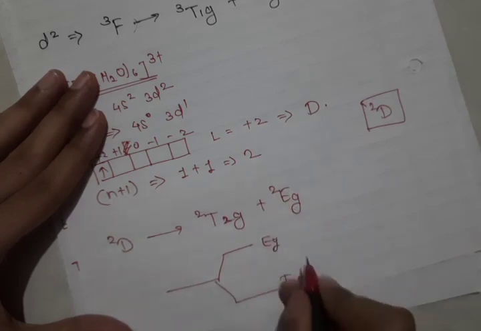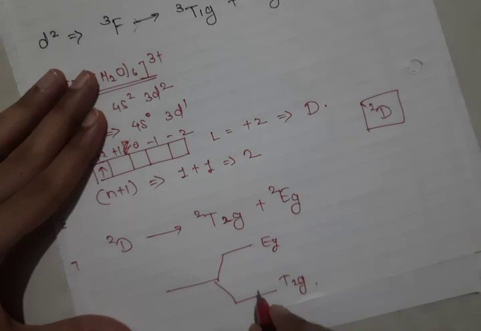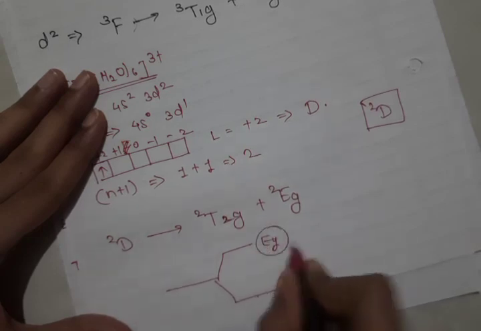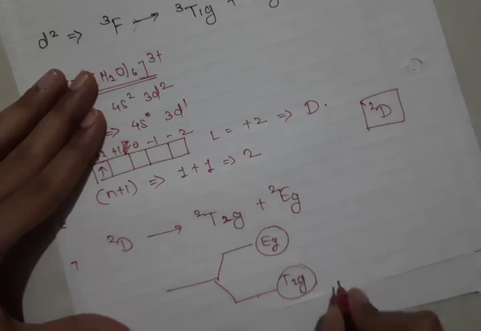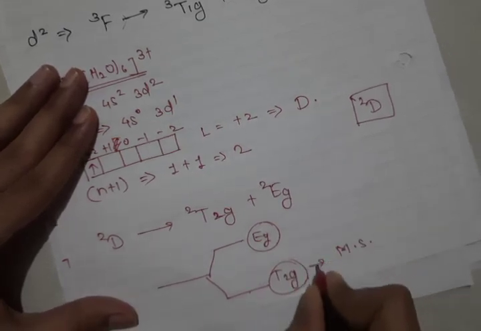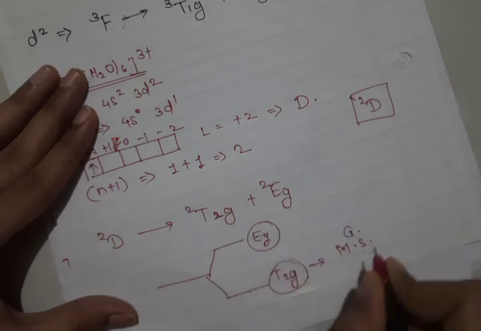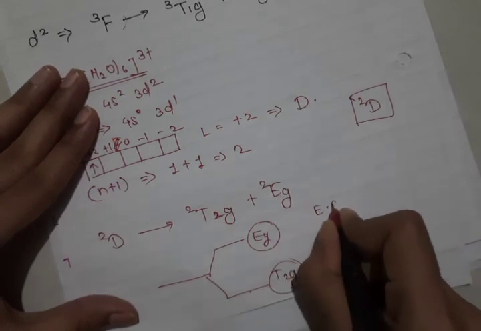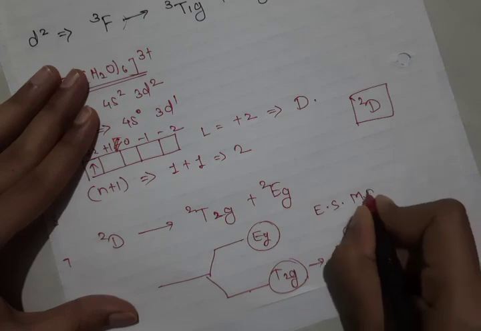This D term will split like this, T2G and EG. So T2G is the ground state and EG is the excited state Mulliken symbol. So this is the ground state Mulliken symbol, and this is the excited state Mulliken symbol.